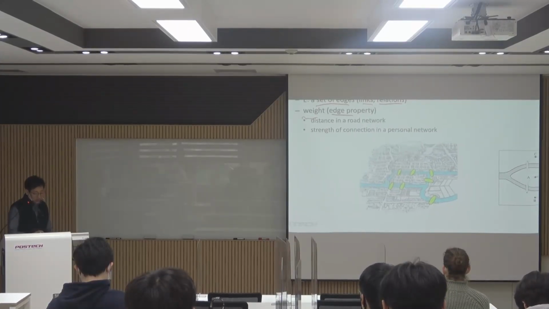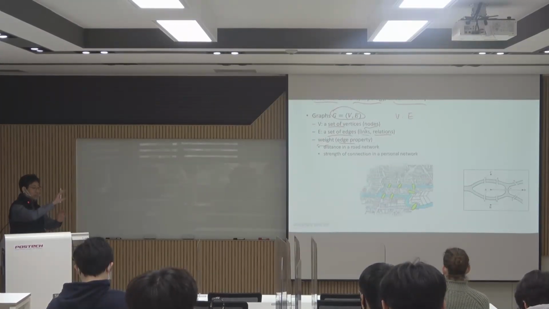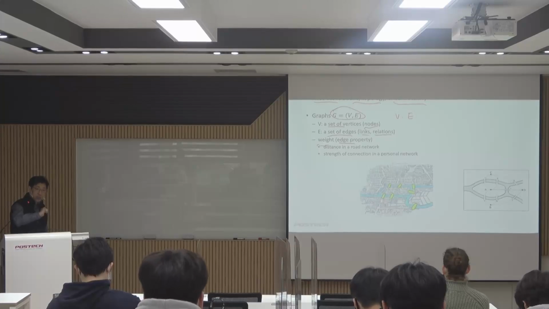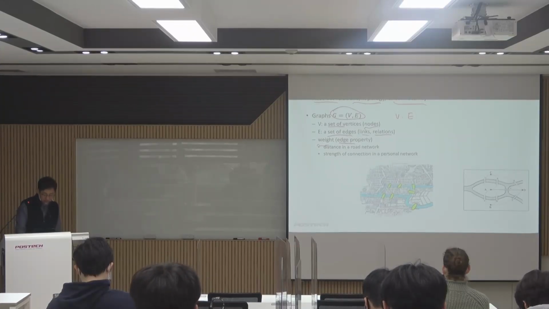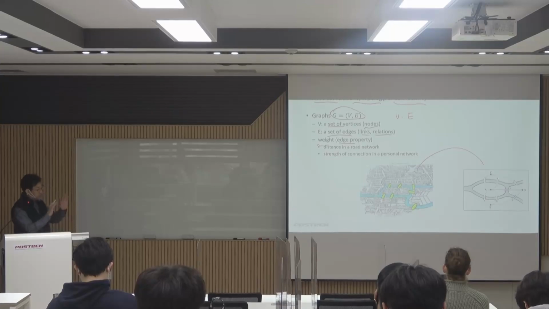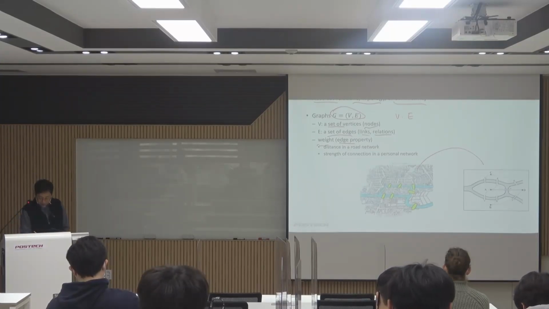In this example we have downtown and the surrounding cities, and there are some bridges that represent connectivities. These two are the same.